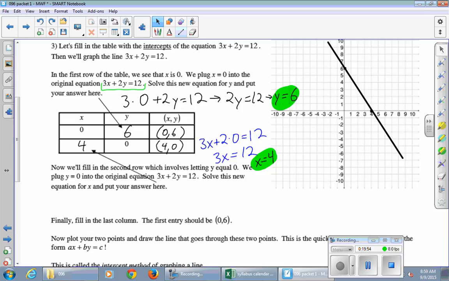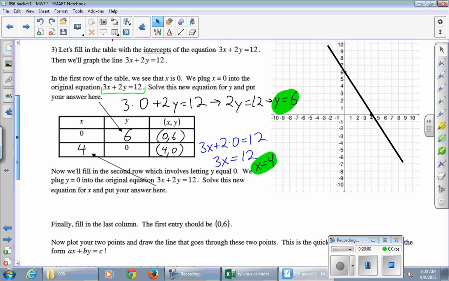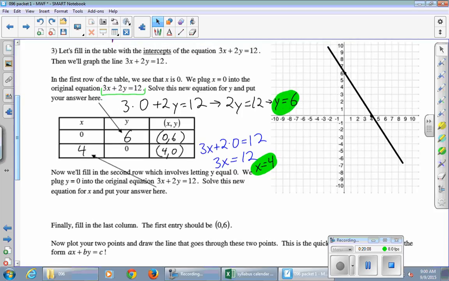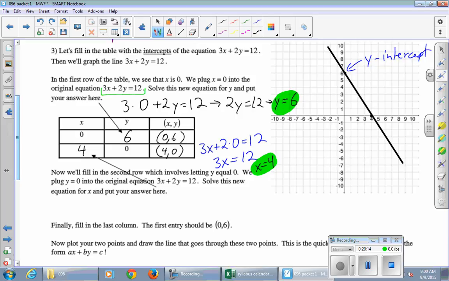No solving for y, no thinking about mx plus b, which we don't even have at this point anyway. You just find the 2 points where the line crosses the axes. And those 2 points have names. This point 0, 6, what is it called? That's the y-intercept. And I guess that means the point 4, 0 is then the x-intercept.